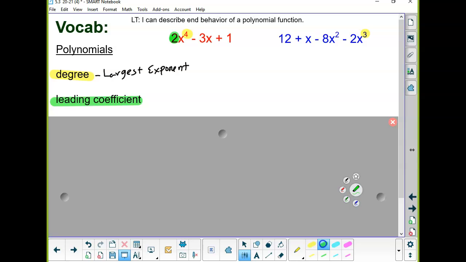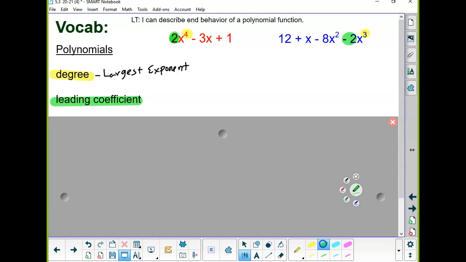Now, this is a little misleading because it's not leading. A lot of times people see the word leading and think, oh, it has to be the first one. Well, in this case, this is not written in correct order. So you have two options. Leave it as is and just understand what the term leading coefficient really means, or rewrite this in the correct order.